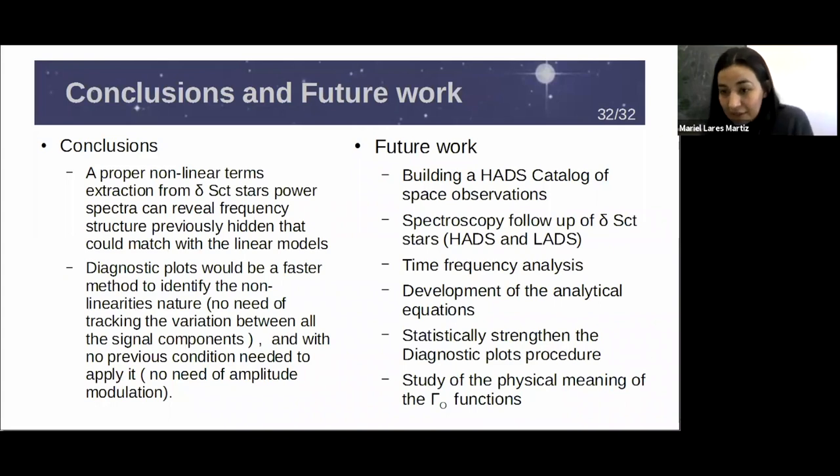Okay, thank you. And my second question: I was wondering how many of the Delta Scuti stars you looked at rotate rapidly. The rotation values that I checked are in the first slide, from the light curve from the test in the paper of Vicky.